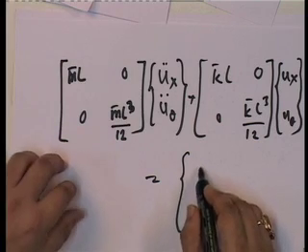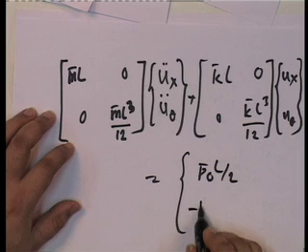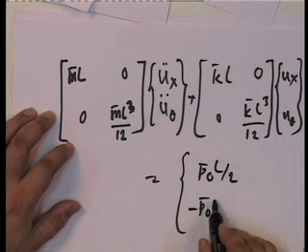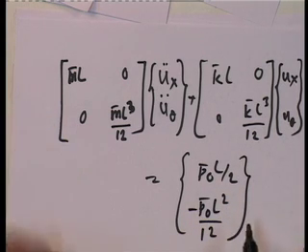FP1 was equal to P naught L over 2, and this is equal to P naught L squared by 12.